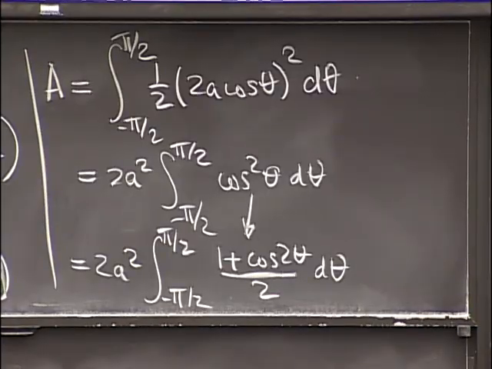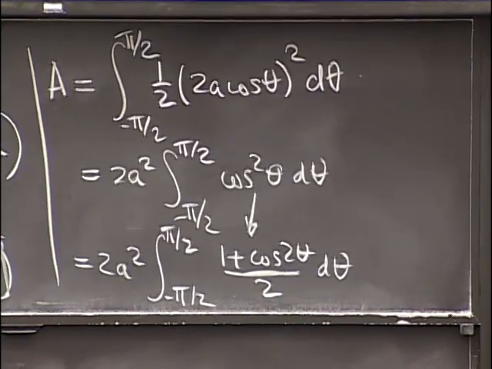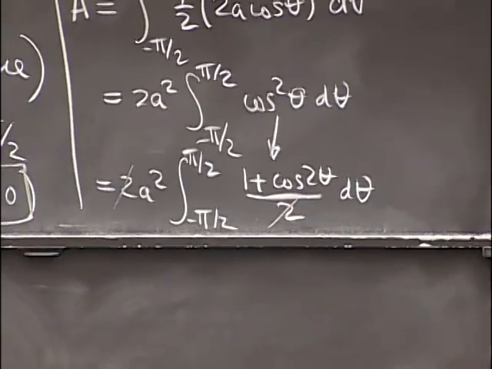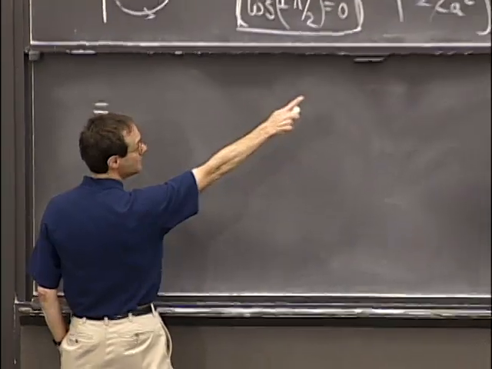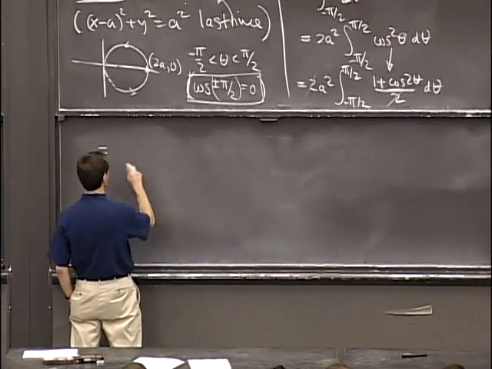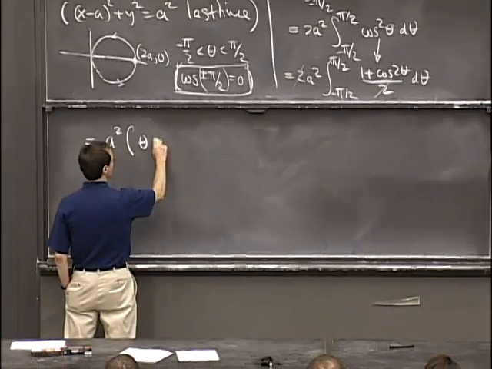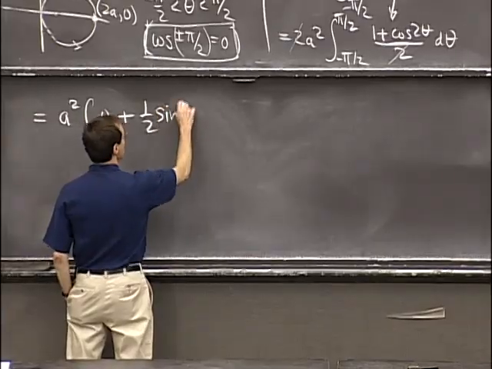And now this integral is quite easy. Why is it easy? Well, because it's the antiderivative of a constant, and cosine 2 theta, whose antiderivative you're supposed to be able to write down. So the antiderivative of 1 is theta, and the antiderivative of cosine 2 theta is half the sine of 2 theta.